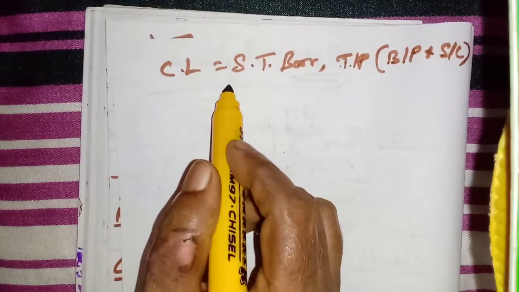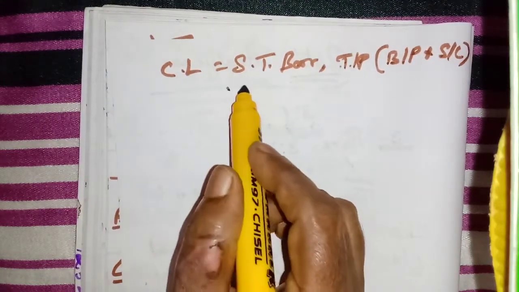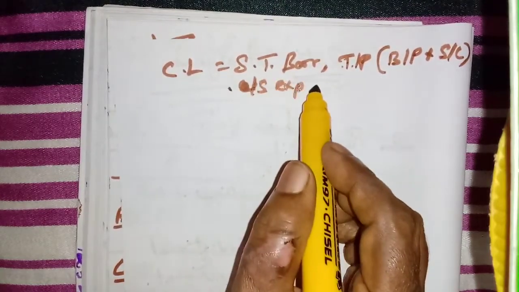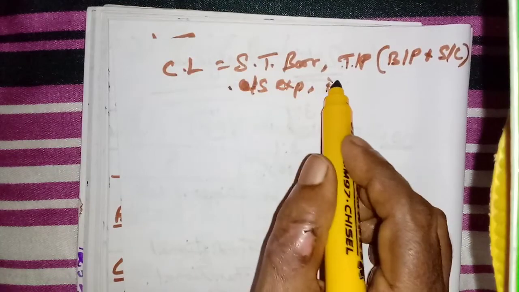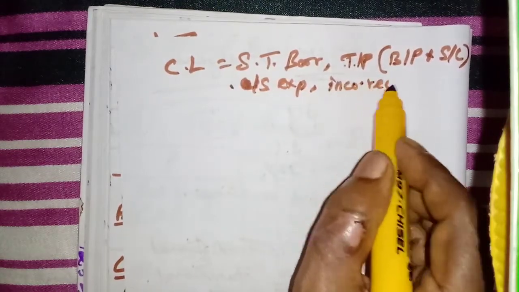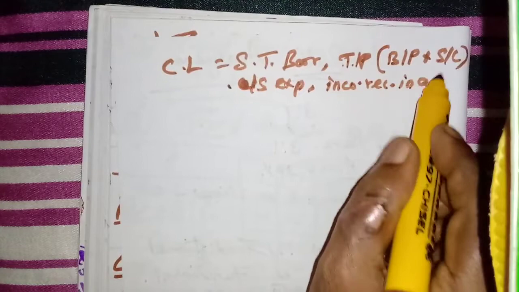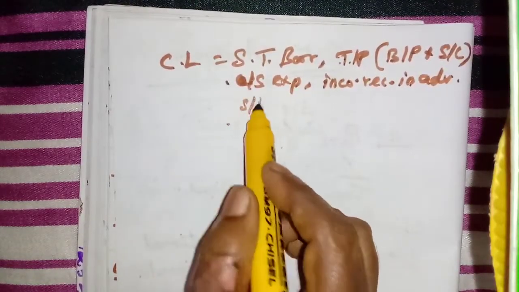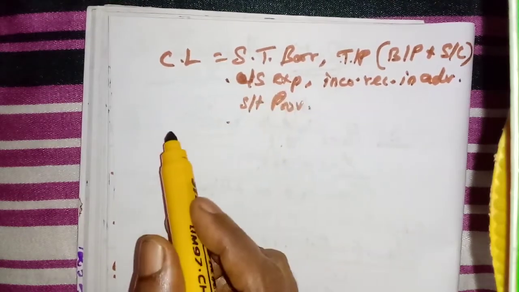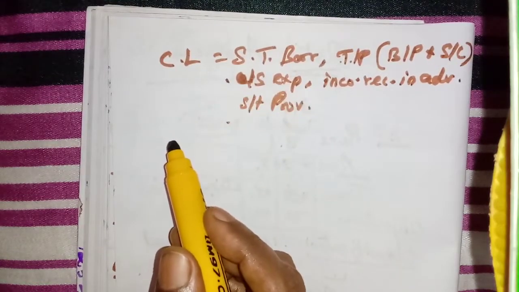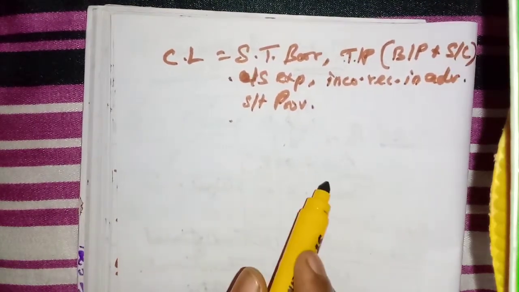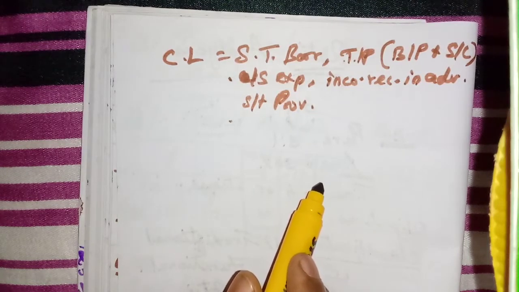Then other current liabilities, that means outstanding expenses, expense payable. Then income received in advance. Then any other short-term provision. All these are the current liabilities. So if we know the current assets and current liabilities, current assets divided by current liabilities, we will get the current ratio.